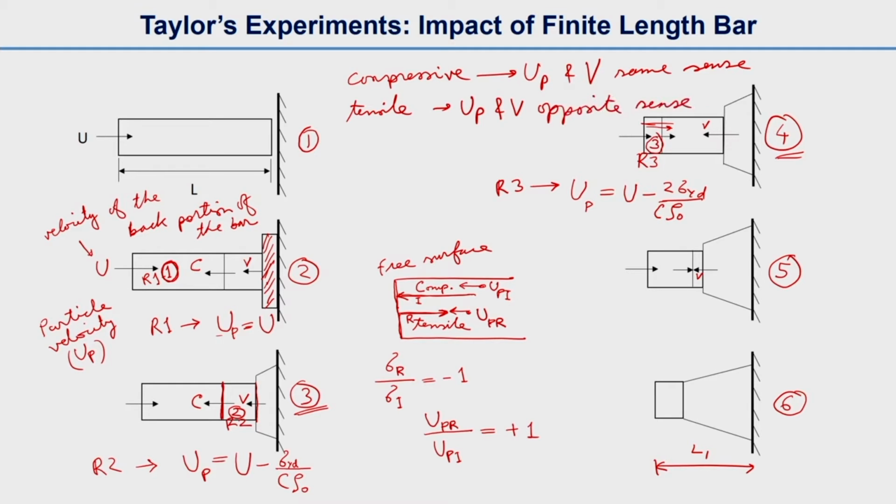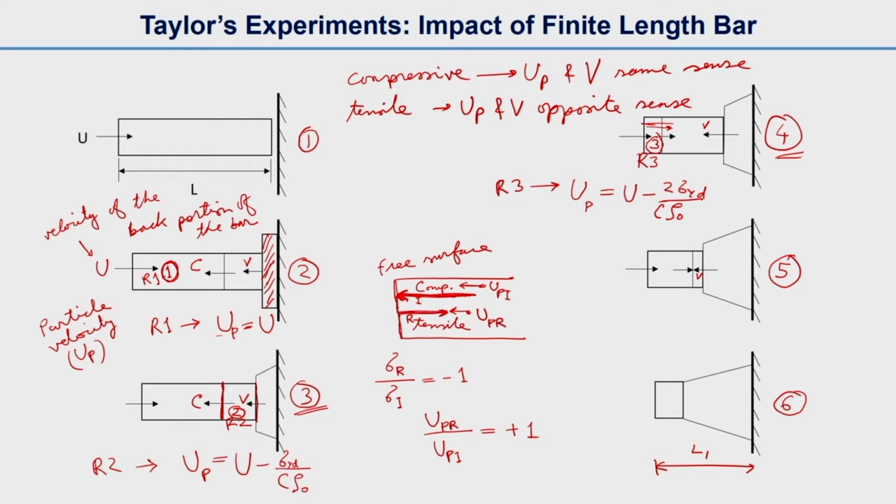Here you can see that for the compressive wave, the particle velocity and the propagation direction are the same, so UPI and the incident wave are in the same direction.